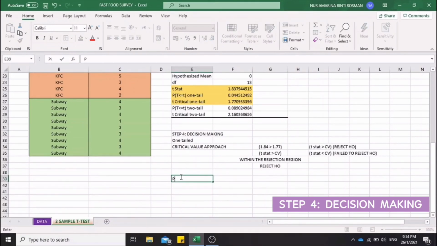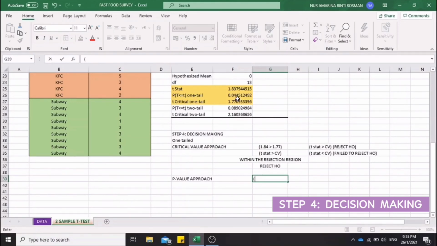Second one, you have to calculate the p-value approach. For the p-value approach, you compare sigma with the p-value. Where you can find the p-value is here. You can see here p one tail.